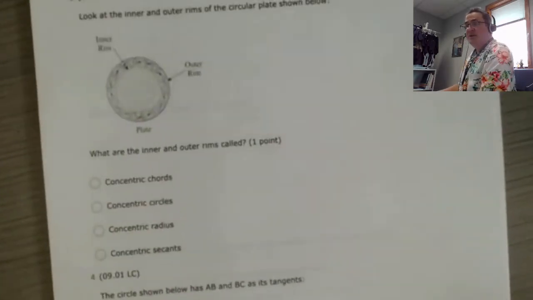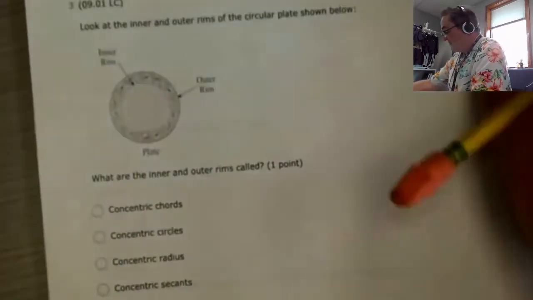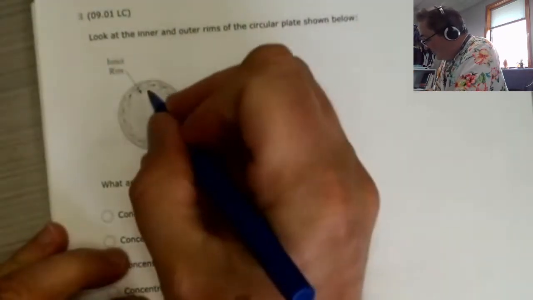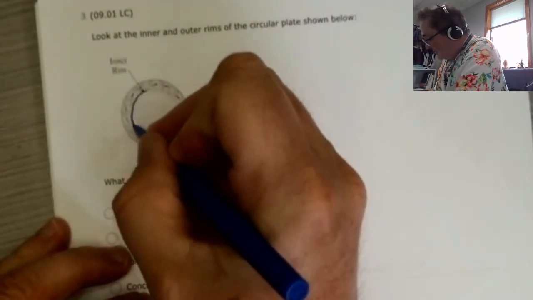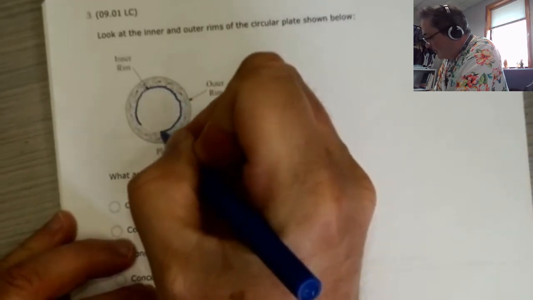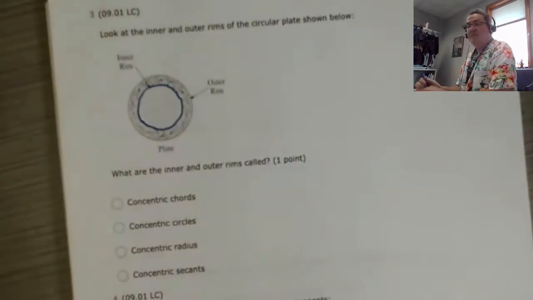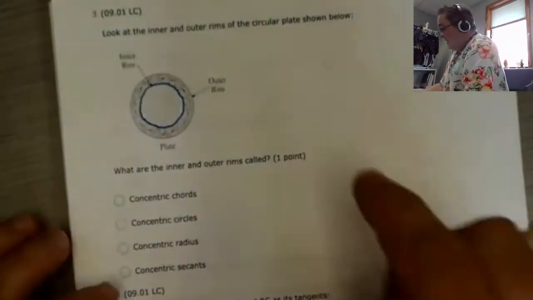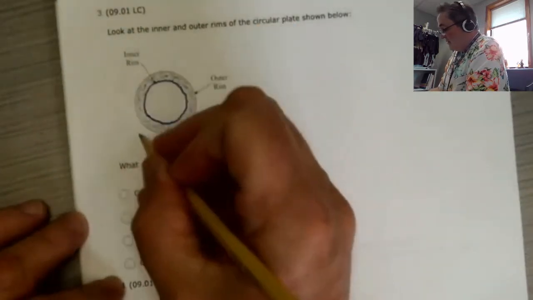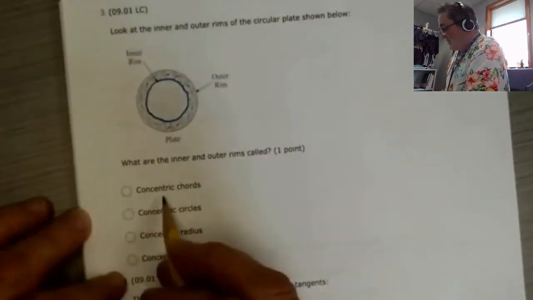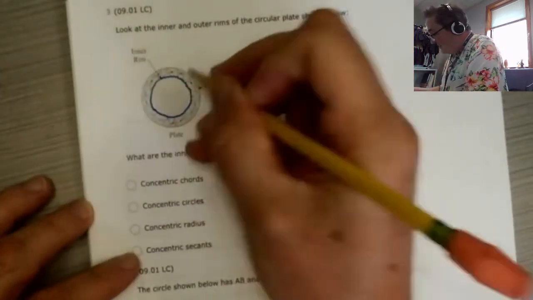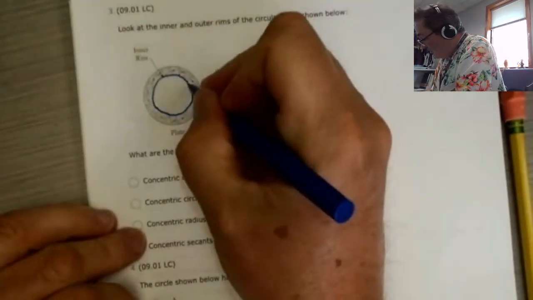Next page. Look at the inner and outer rims of the circular plate shown. Okay, so the outer rim is easy, but the inner rim, we draw this. Okay, got to trace it around. Okay, that's kind of the inner rim, make it a little bolder. What are the inner and outer rims called? Well, we have the outer rim and the inner rim. Are they concentric chords? No, a chord goes from one point of a circle to another point.